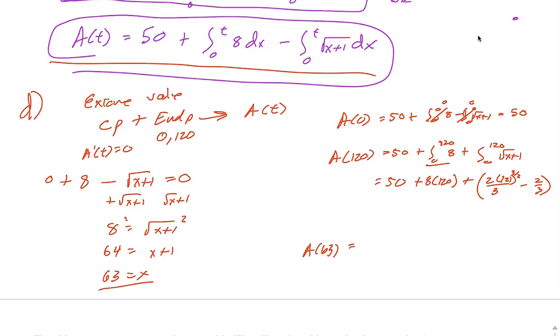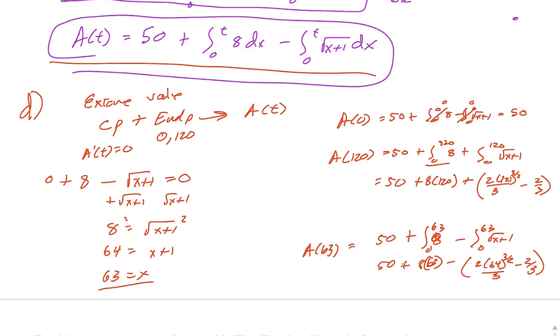And the same thing with A of 63: I would get 50 plus the integral of 8 from 0 to 63 minus the integral from 0 to 63 of radical t plus 1. Plugging into the same formula, I get 8 times 63 minus 2/3 of 63 plus 1, which is 64, to the 3/2, minus 2/3.